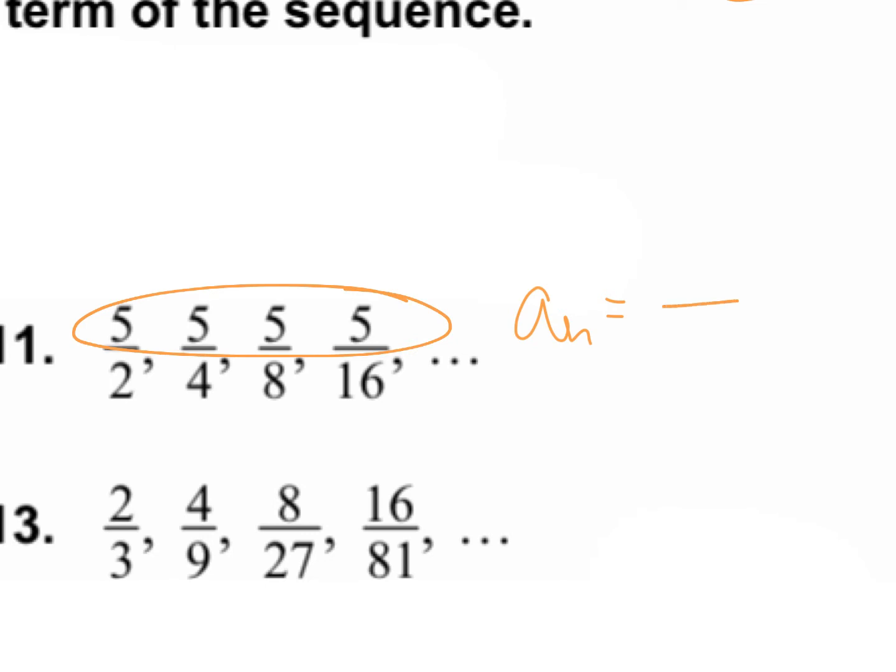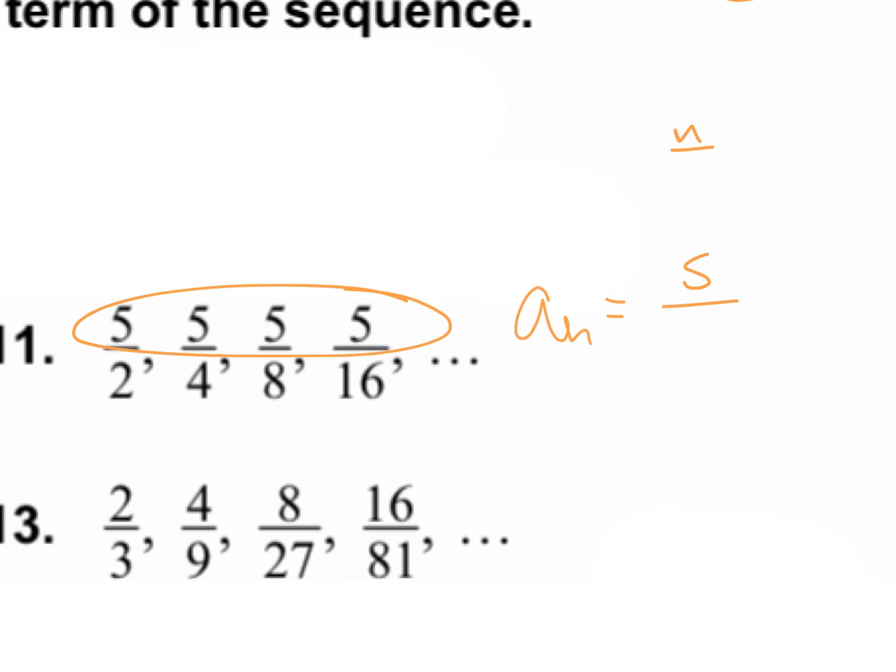Each time our numerator is 5. It doesn't change. If it was n on top, that means when we plug 1 in for n, we would have 1 on our numerator. If we plug 2 in for n, we'd have 2. So that's when it changes. When it's just a constant number, it's just going to be that number. So that's our numerator.